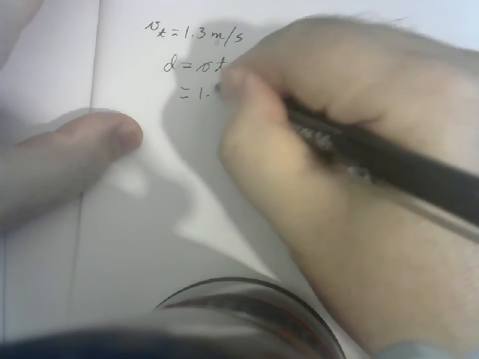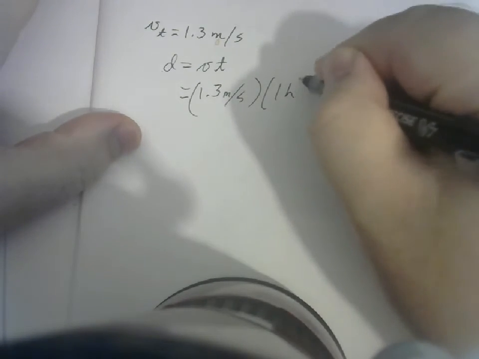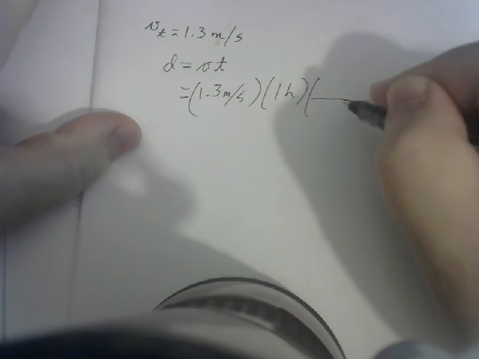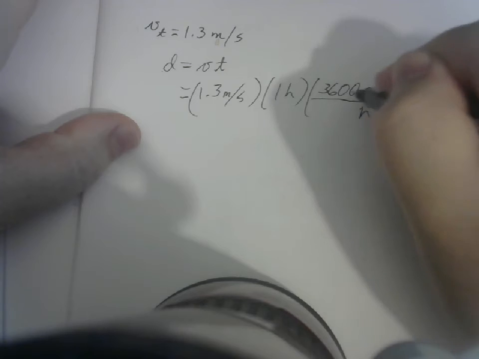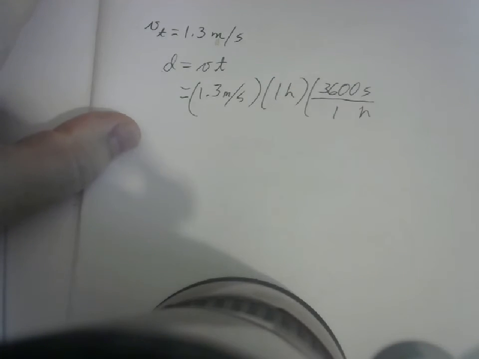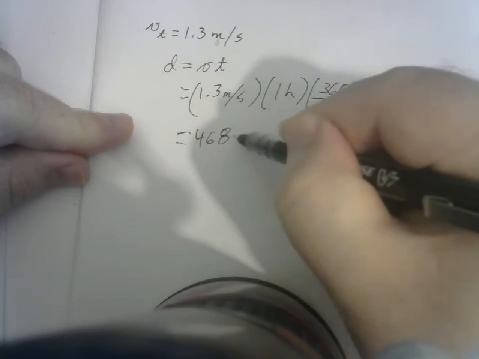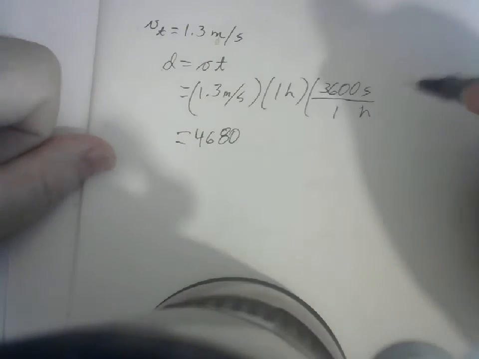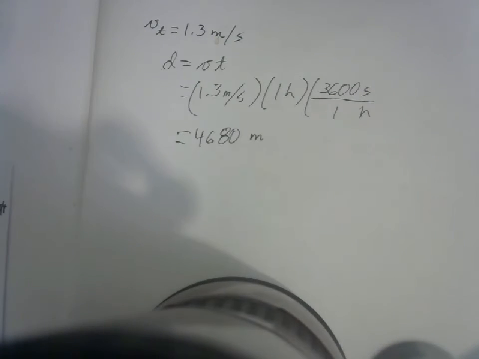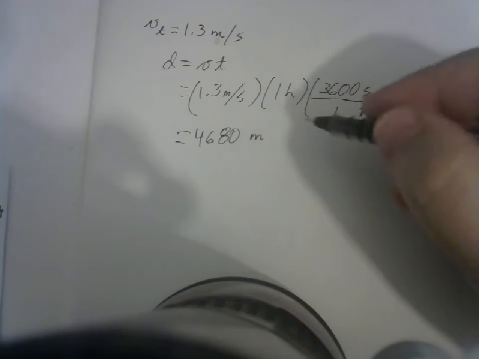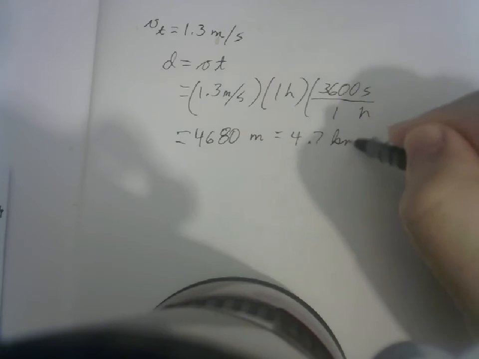So 1.3 meters per second times 1 hour, and 1 hour is 3,600 seconds, or equal to 4,680 meters, which is 4.7 kilometers.